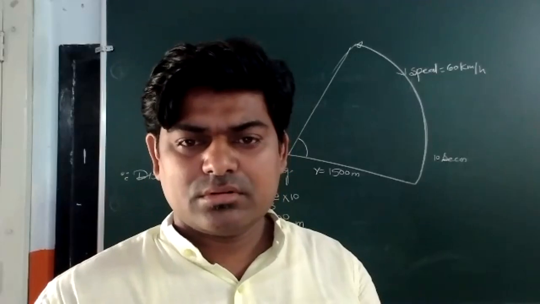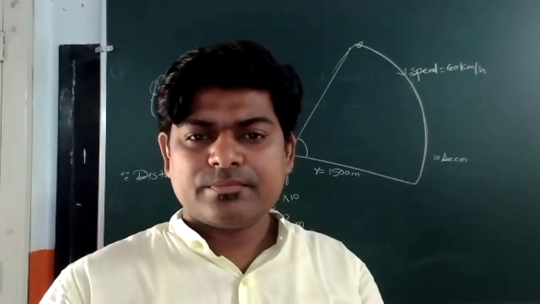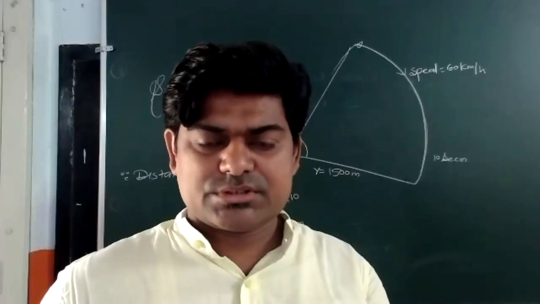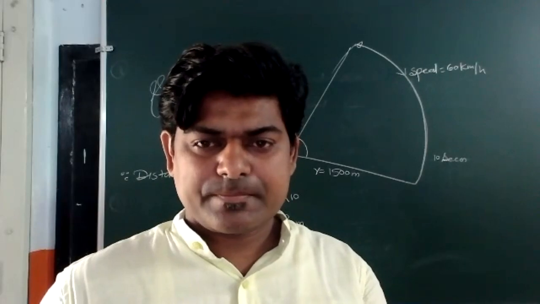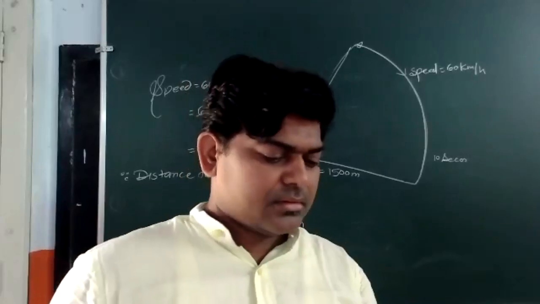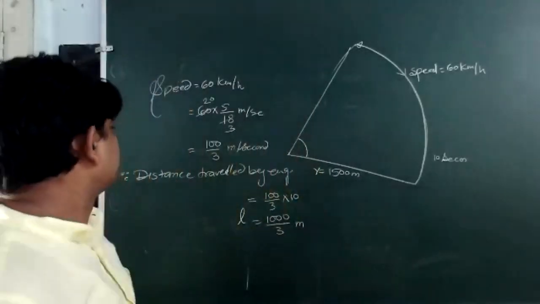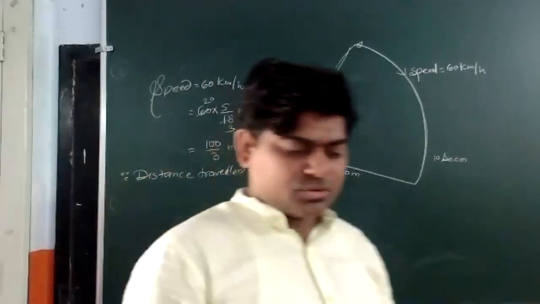It's okay? Yeah, Aryan. Having any problem? Okay, unmute yourself, please. Sir, the speed will be 50 by 3 meters per second. Did I make any mistake here? Yes, sir. Sir, 6 10 is 60.